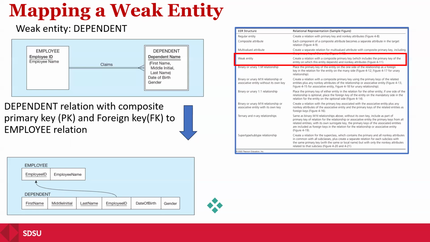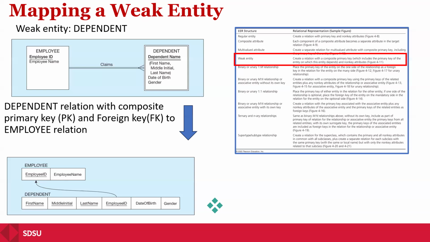So in this case, we add employee ID foreign key into a weak entity, and this foreign key is going to have a relationship to the employee ID primary key on the main employee relation. Important to understand that the arrow always goes from the foreign key to primary key. In other words, from many side of relation to one side of relationship.